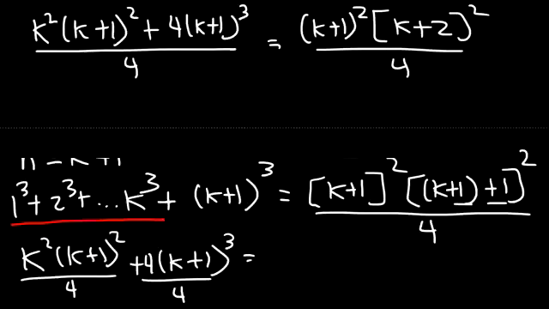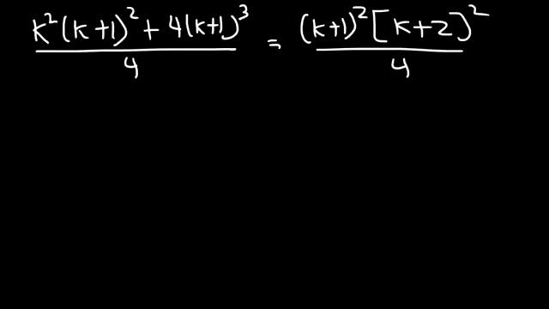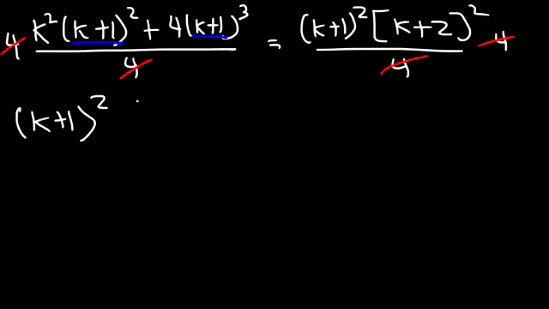Now let's get rid of the fractions. So I'm going to multiply both sides by 4. So these will cancel. Next, I'm going to take out the GCF, k plus 1 squared. If I factor out k plus 1 squared, on this side I'm going to get a k squared.